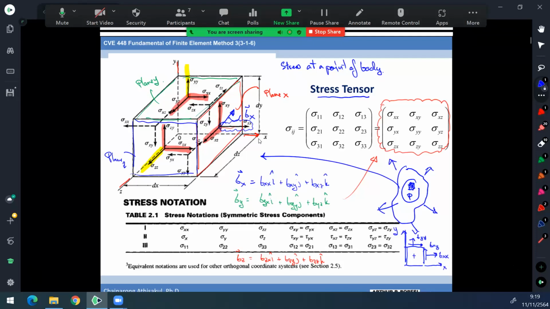Actually, it is 4, but because of symmetry, sigma XY and sigma YX are equivalent. Okay, so this is the positive sign convention of the plane stress, right? That we are familiar with from mechanics of materials that we have learned. Okay, sigma YY and also sigma X. We define them like this for the plane.